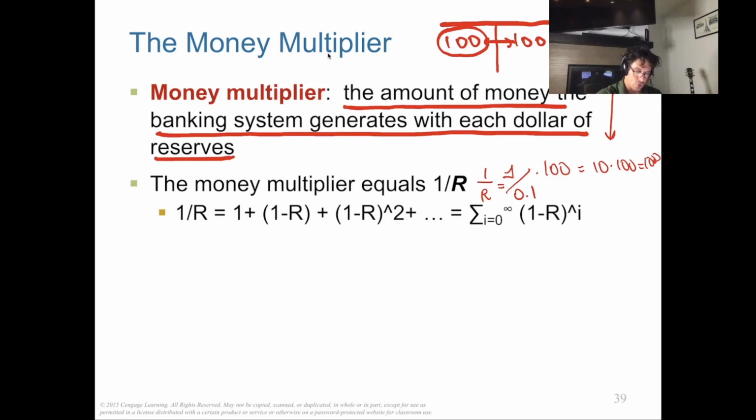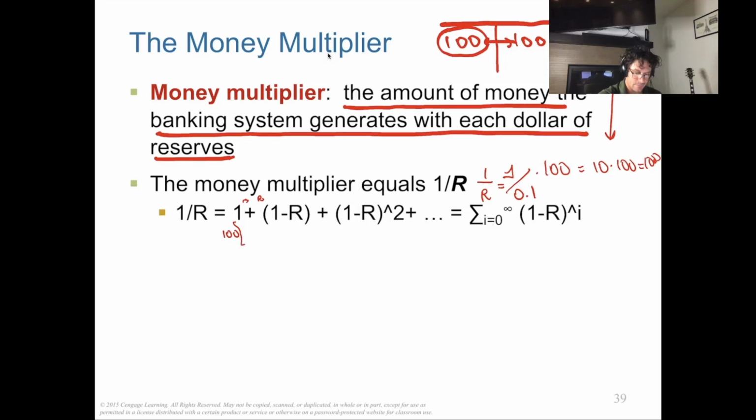Let's suppose that we have $100 in reserves, and let's suppose that the banks have to keep at least a ratio R of 0.1 at the Federal Reserve.